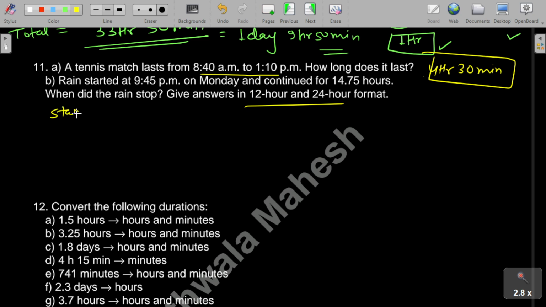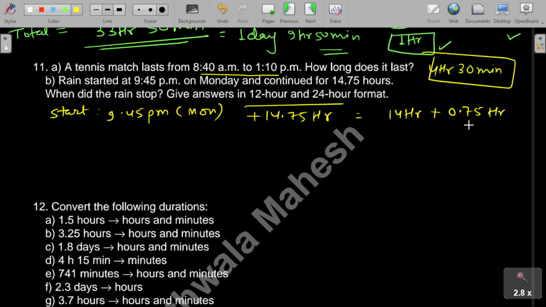So the rain started at 9:45 p.m. on Monday and continued for 14.75 hours. 14.75 hours means we can write 14 hours plus 0.75 hour. 0.75 hour means 75 divided by 100, which is 3/4.